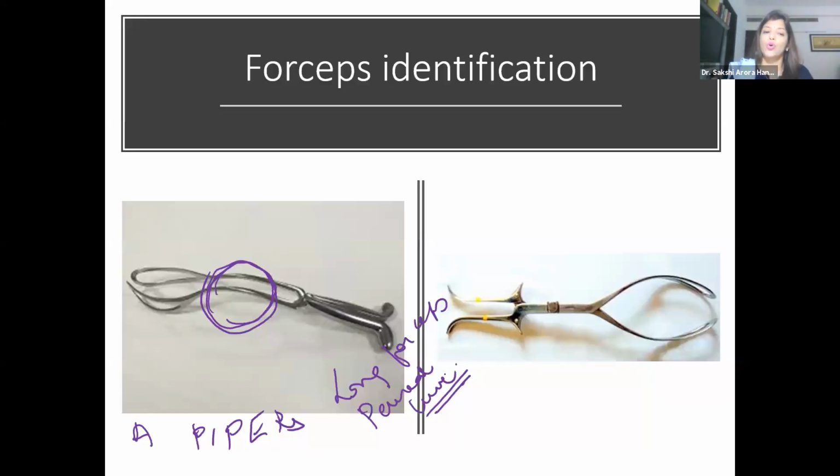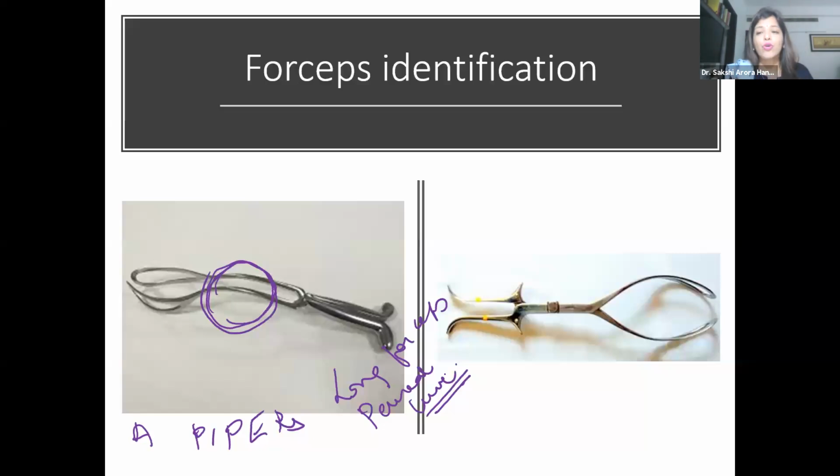So apart from the cephalic curve and the pelvic curve, it has one more curve, which is the perineal curve. This raised curve is seen only and only in Piper's forceps. And Piper's forceps is used for delivery of the after-coming head of breech, right?